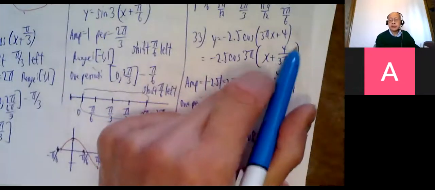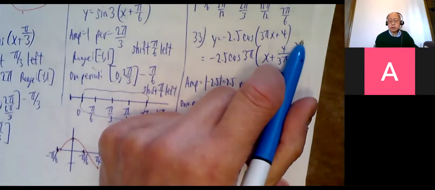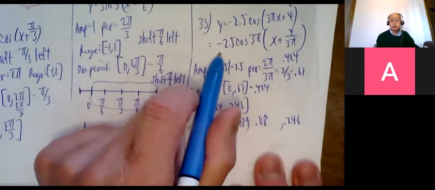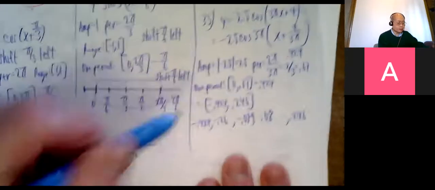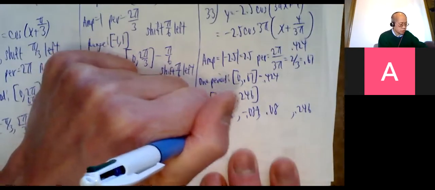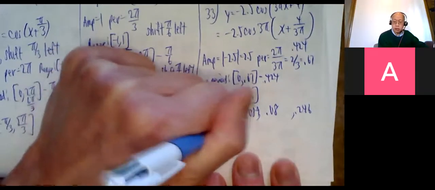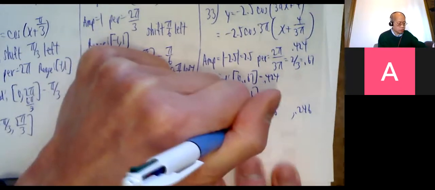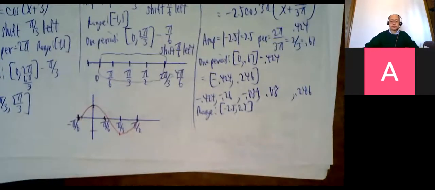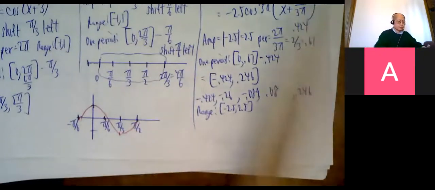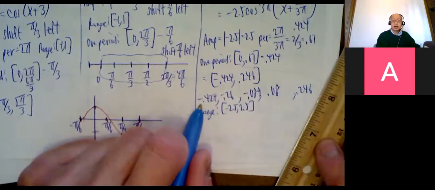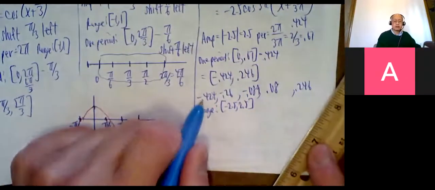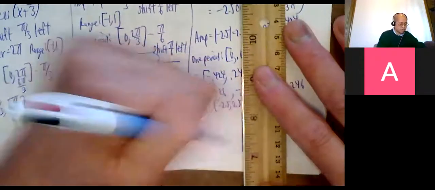Okay, I do not have a vertical shift. So my range is going to be from negative 2.5 to 2.5. Okay, so this is a rather clumsy graph. Negative 0.42, so there's more negative here than positive. Let me make my graph like so.